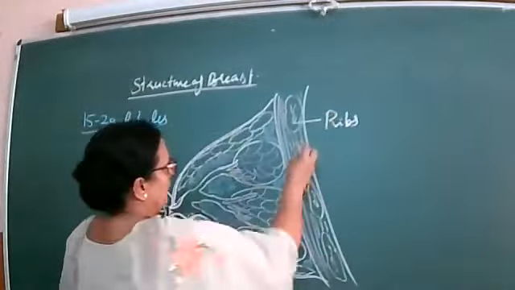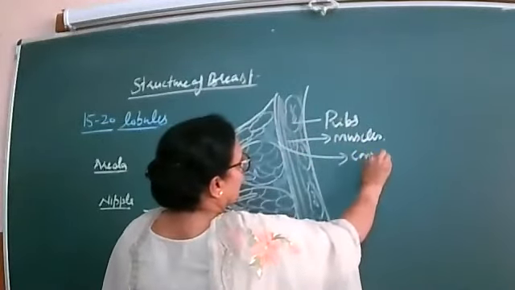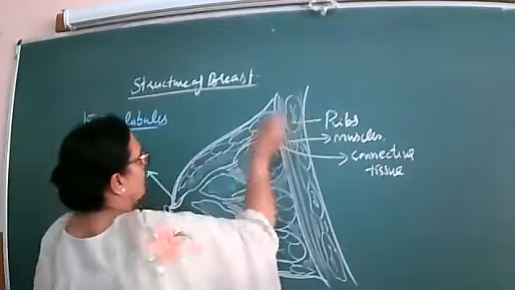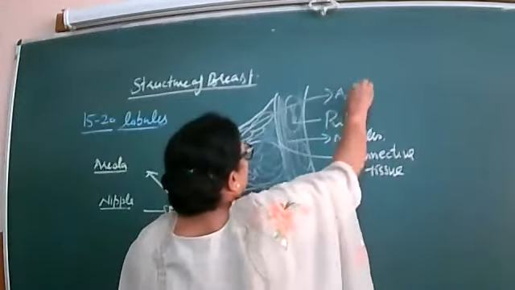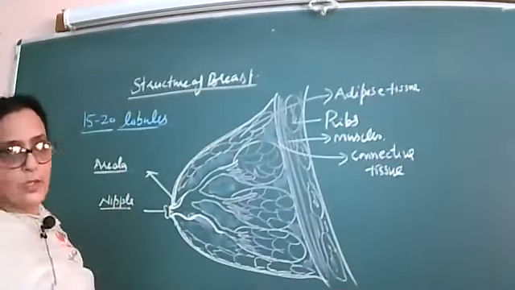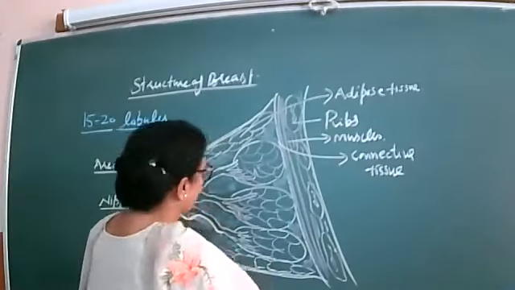Then these are muscles, then connective tissue, right? Then this is adipose tissue, or you can say fat. The deposition of fat is there, the presence of the fat layer is present over here, right?